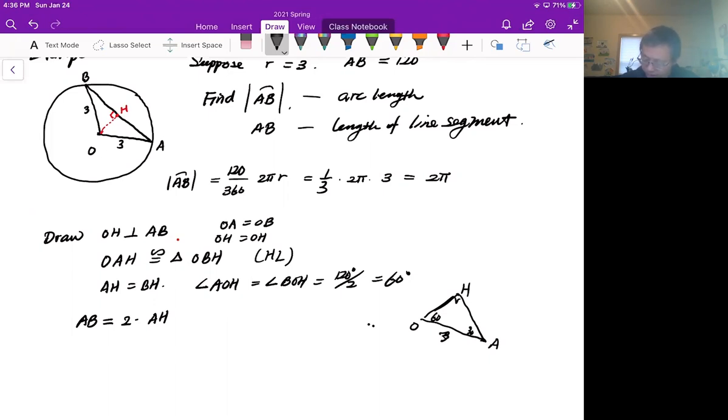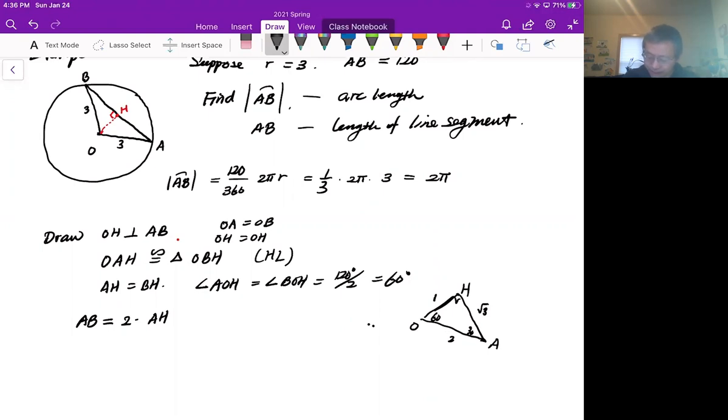And so the question here is, what is this? We know how to do this, right? Because if I don't have that 3, the usual idea is that this is 1, this is 2, and this is root of 3. So how could I get AH?